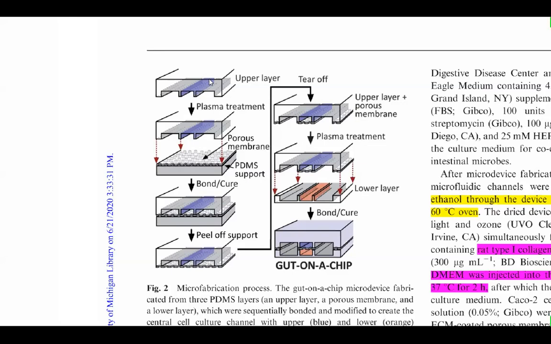Then the porous membrane was prepared by casting PDMS on a microfabricated silicon wafer containing circular arrays that produce the pores of the membrane.